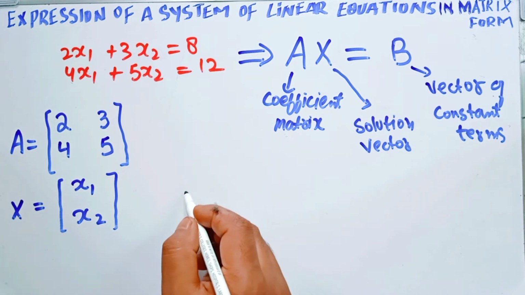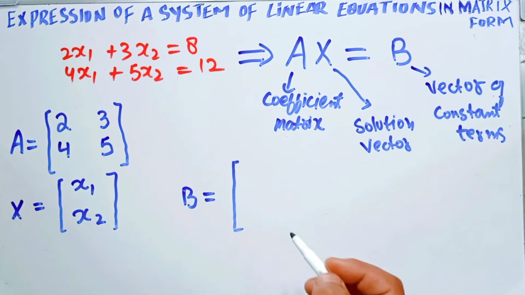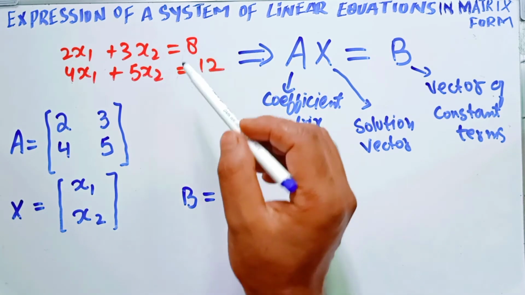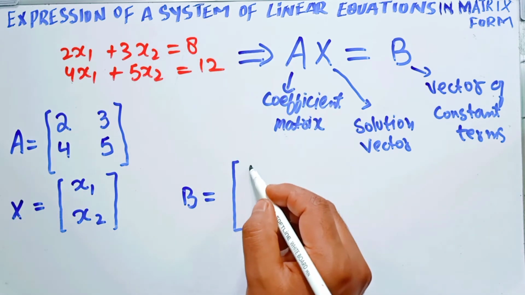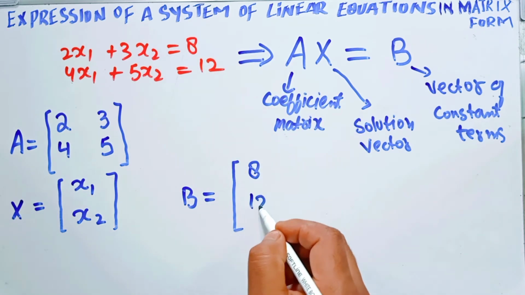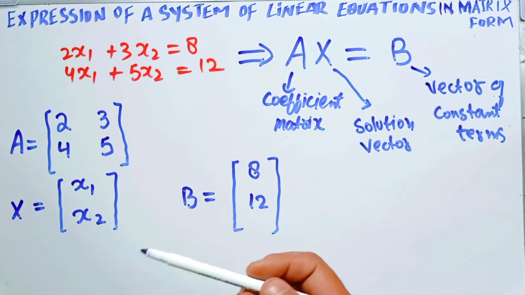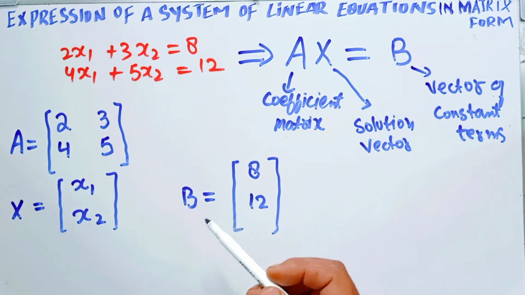The constant terms here are 8 and 12, so b is the vector of these constant terms, 8 and 12. So this is the way we can express a system of linear equations in matrix form.